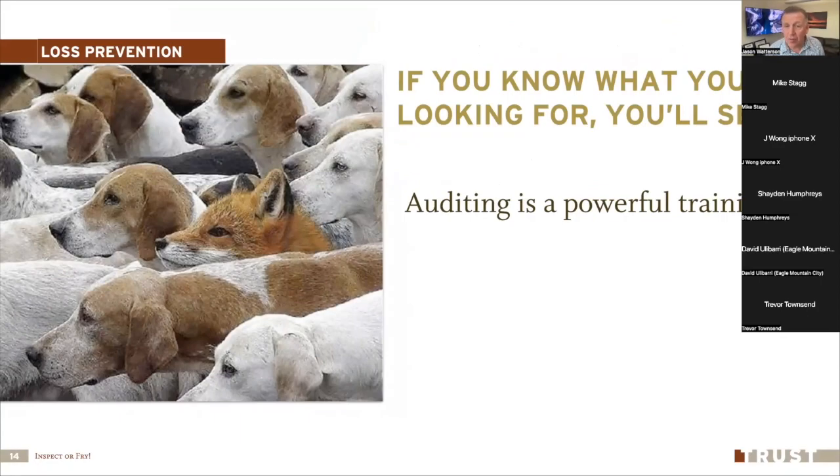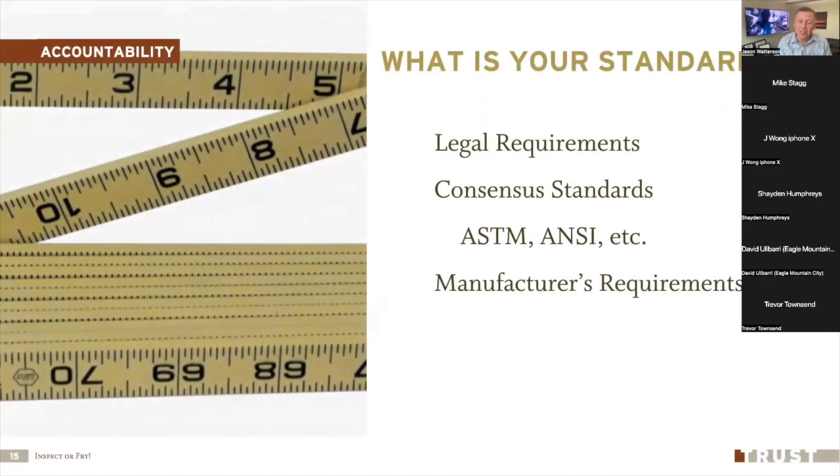So checklists can be really good, but we're also going to look at what is your standard. You know, what are we looking at? It may be OSHA. You know, we go and we make our list based around OSHA compliance. It may be fire code. It may be something different. And just because you're doing a safety audit doesn't mean that it only has to have safety items on it.